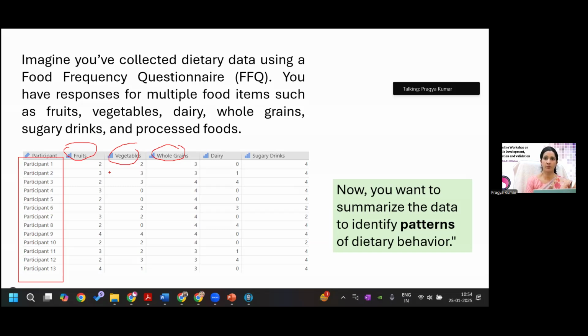So now if I want to summarize the data to identify the dietary pattern behavior, what will I do? In this case, you will see if I consider these as separate items like fruits, vegetables, food grain, dairy, and sugary drink, what is the difference between these items and the items which you have seen in the empathy questionnaire?